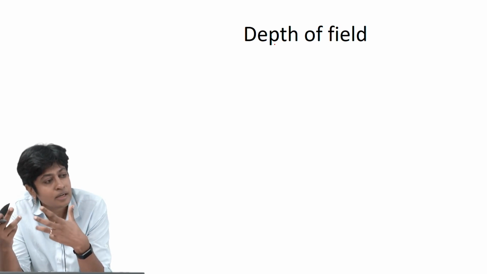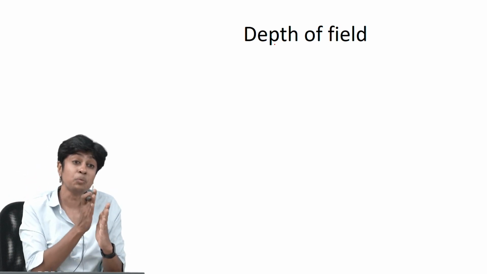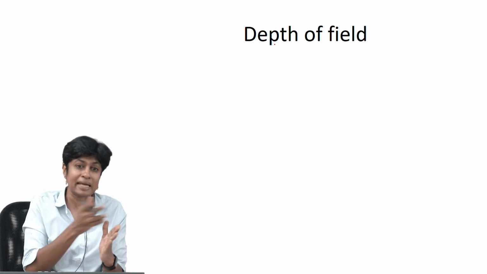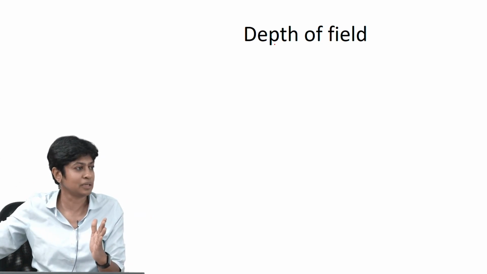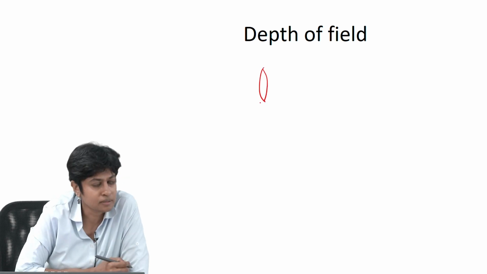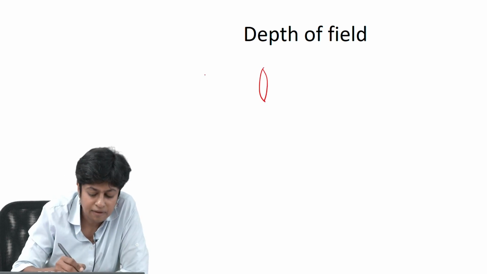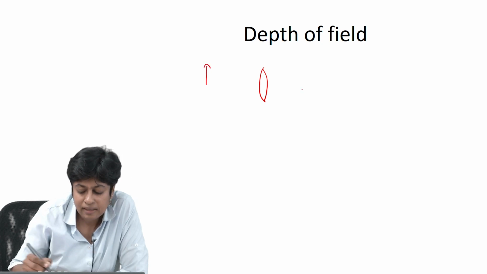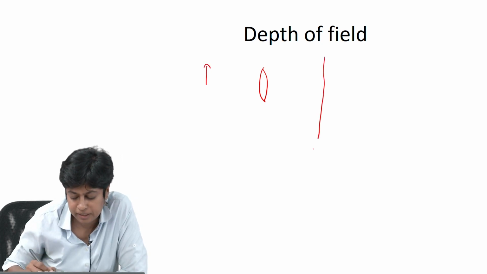I can say, how much can I move away from my perfect object plane and still have an acceptable image? So again, I have an object lens, I have an object, and I have the perfect image plane. This is my paraxial image plane.